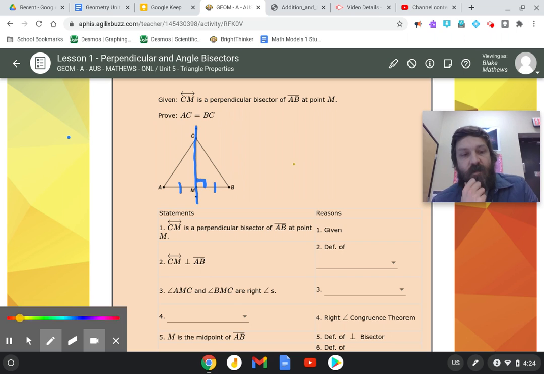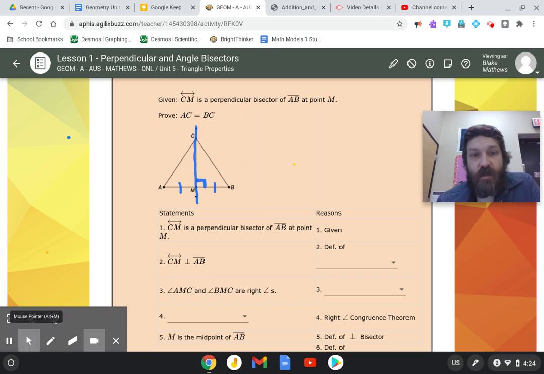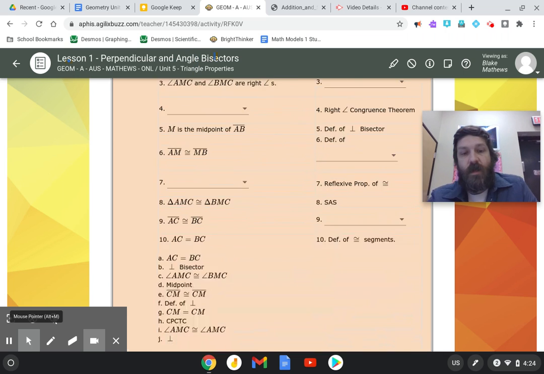And then it says to go through the following. So we have our givens in the first line. We always have our givens in the first line. CM is a perpendicular bisector of AB at point M. And then the next one says CM is perpendicular to AB. Well, that's the definition of a perpendicular bisector.